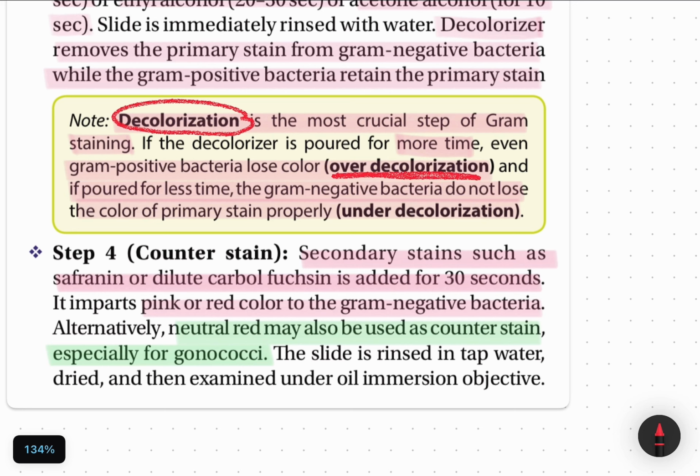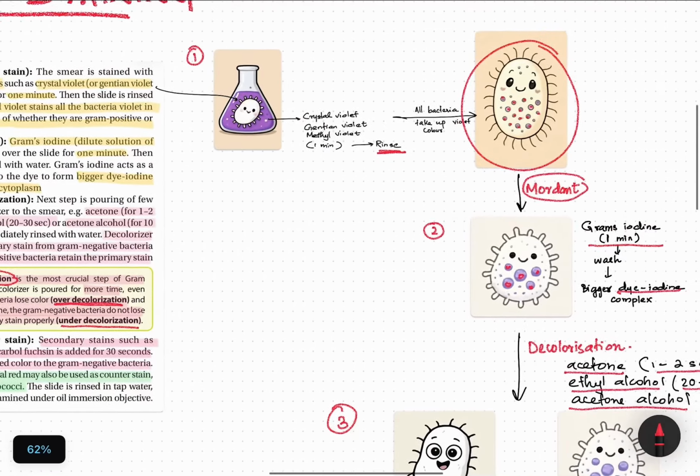Or if you are using it for less time, gram negative bacteria will also not lose the color. Okay, so it is under decolorization. So if you are asked in your viva which is the most crucial step of the procedure, you have to say that it is the decolorization.